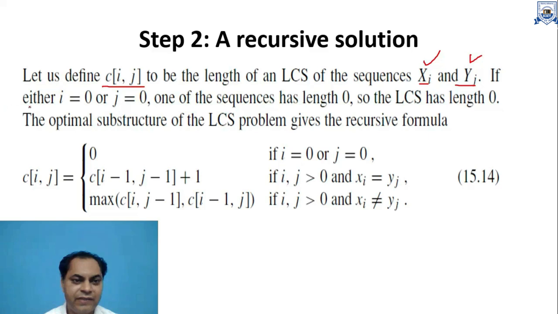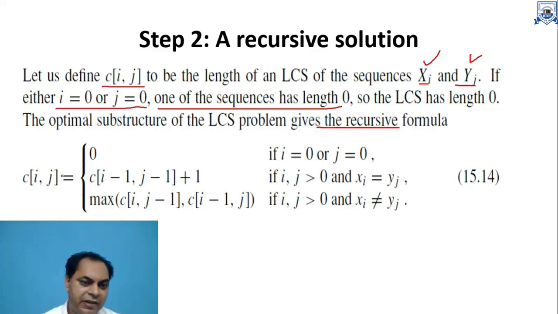If either i is equal to 0 or j is equal to 0, that means if any one of these prefixes is empty, then the length of the LCS would be 0 because nothing would be common. Okay, the optimal substructure of the LCS problem can be written like this: Cij is equal to 0 if i is equal to 0 or j is equal to 0, that is, if the length of any sequence is 0.